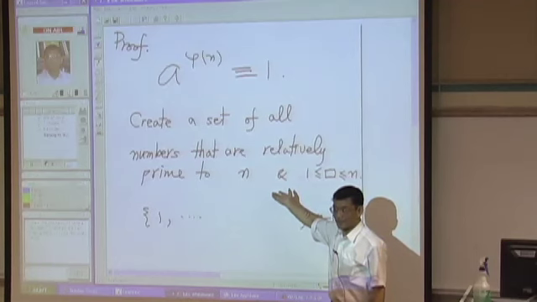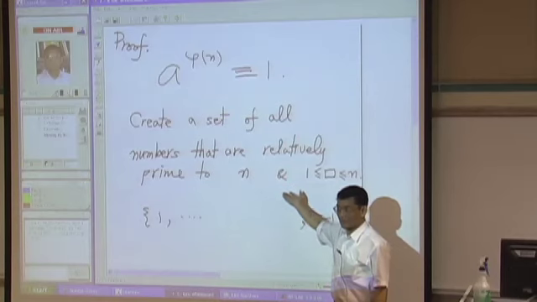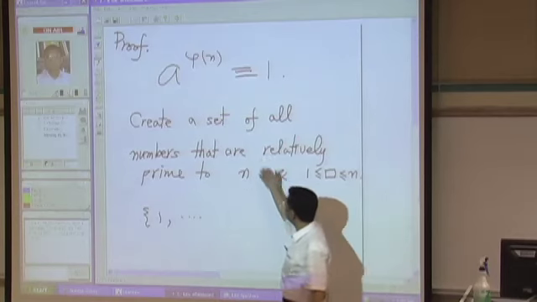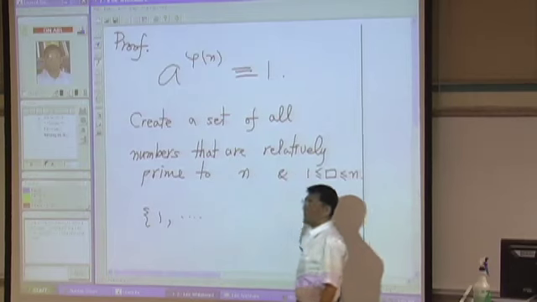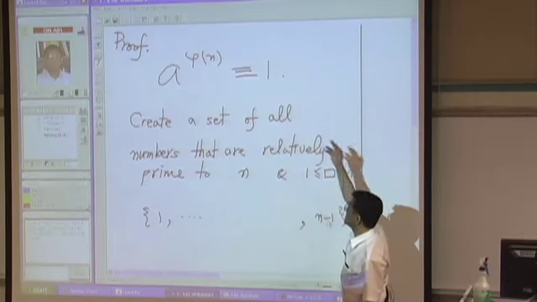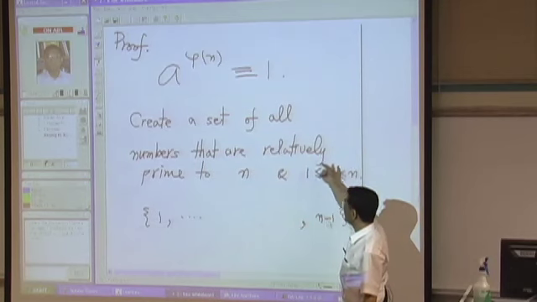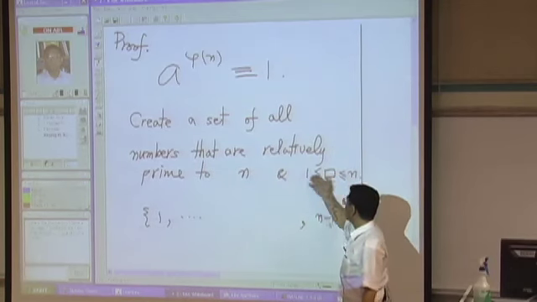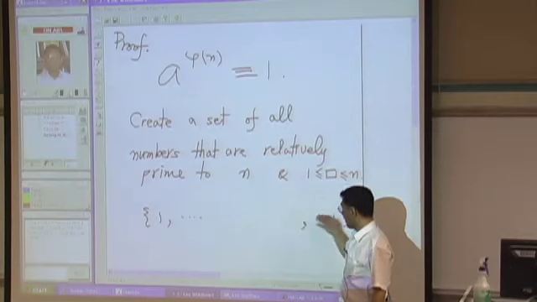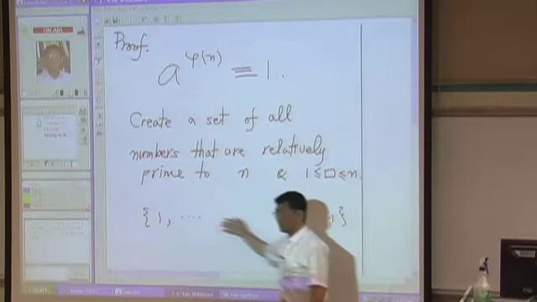Create a set of all numbers that are relatively prime to n, between 1 and n. Then how many numbers can you find in this set?